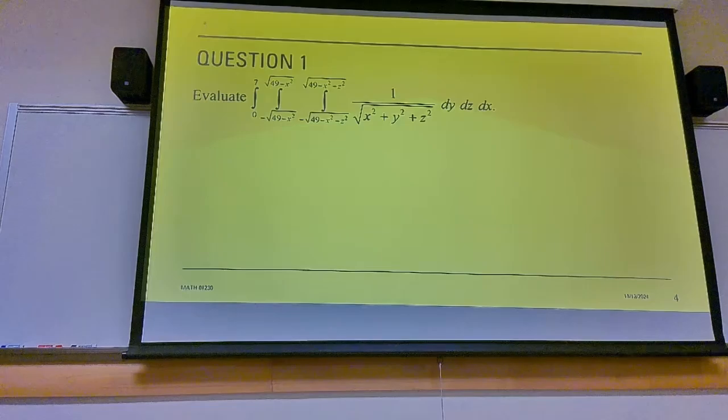This is clearly a portion of a sphere. Which portion? So, is it a hemisphere? Yes. Which hemisphere is it? The top.